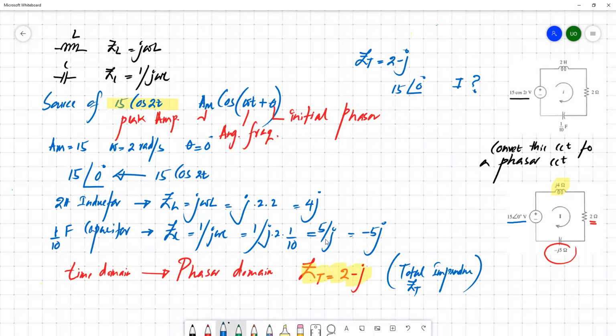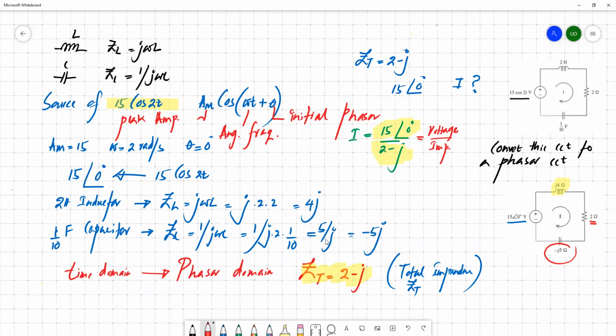You can easily find the current in phasor format: the voltage divided by the impedance. Nothing else.